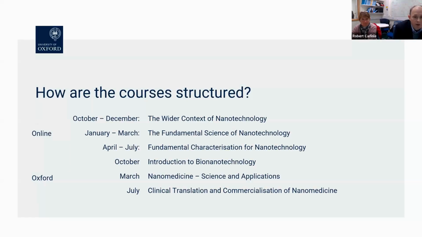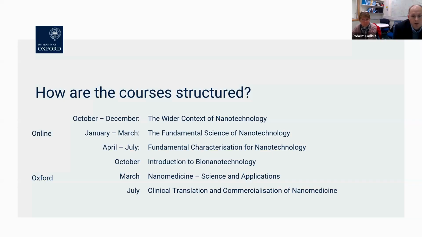In terms of the timeline you might follow as a student, in October to December, you would complete the wider context nanotechnology module on the PG Cert. And then January to March, so the second term of your first year, you would complete the fundamental science of nanotechnology.